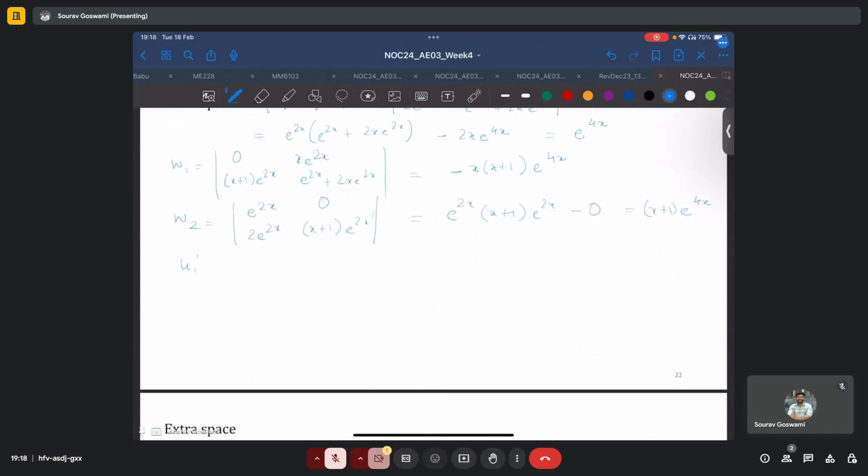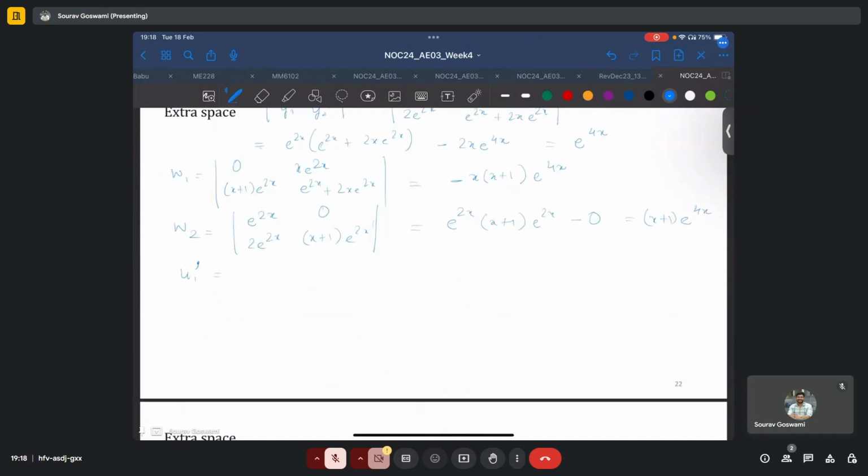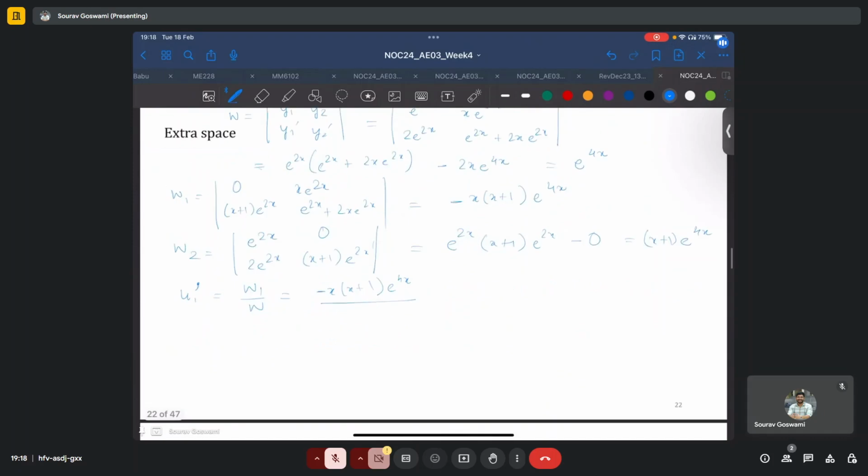u1 prime, as we remember, was w1 by w, minus (x plus 1) e power 4x, and w being e power 4x, so this is simply minus x times (x plus 1).